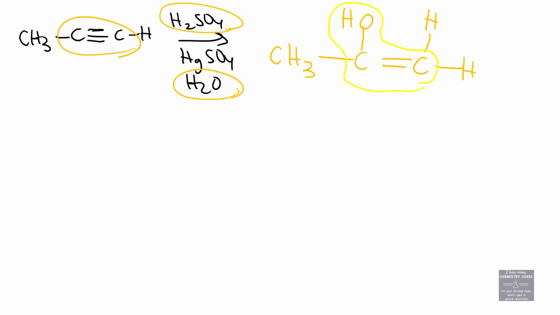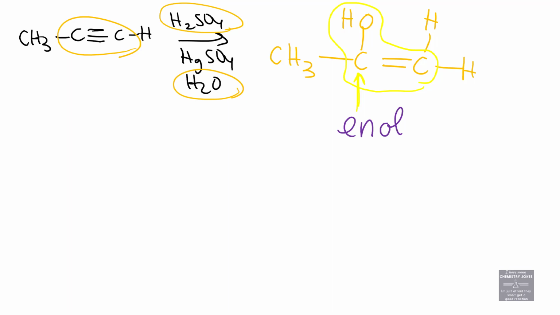This compound is special. This compound has an alkene and an alcohol on the very same carbon. That's real illegible. Let's try again. It has an alkene and an alcohol on the very same carbon. That's called an enol.